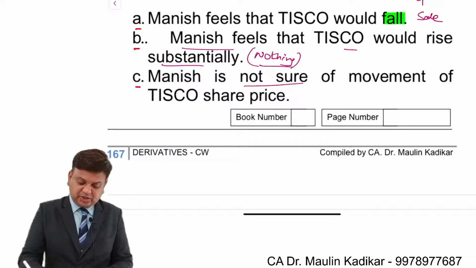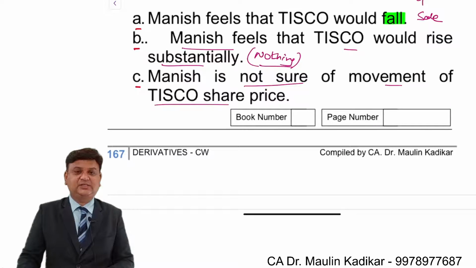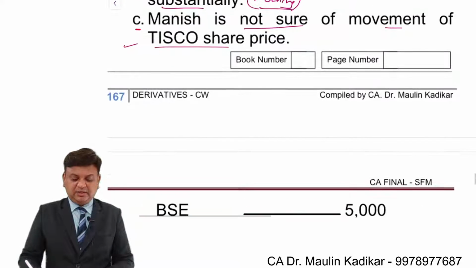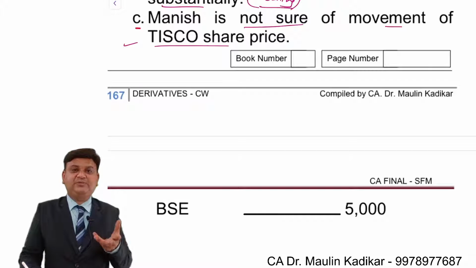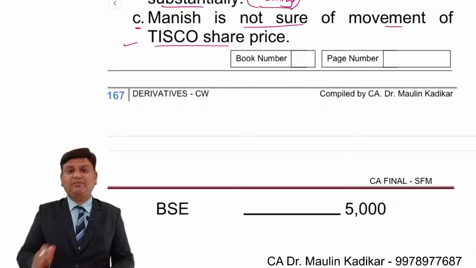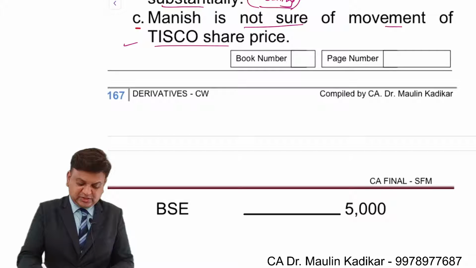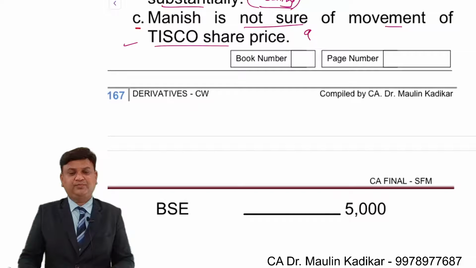Mr. Manish is not sure about the movement of the TISCO share price. So over here we can suggest to him that it depends upon your own perception about the risk, your own risk bearing capacity. If you are not sure and you want to completely nullify the risk, you sell 9 contracts.